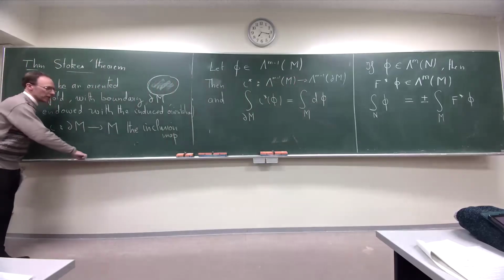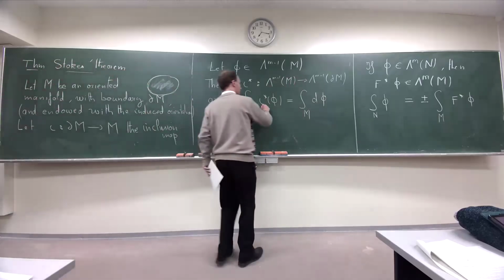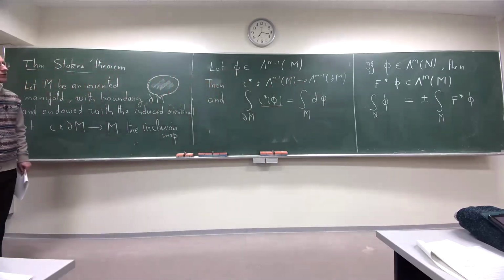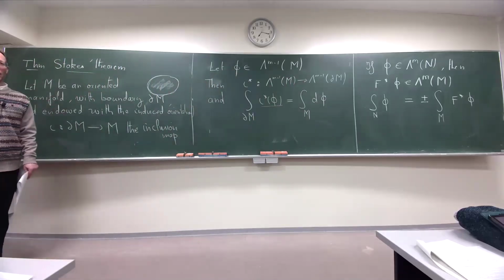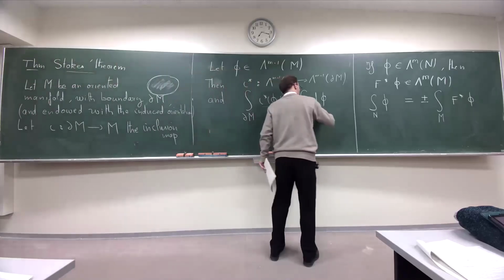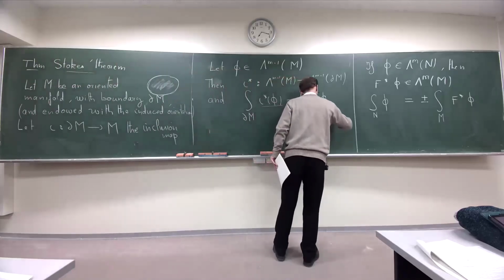I think it is meaningful because look, this is a tensor field of dimension M-1. We integrate on a manifold of dimension M-1. This is exactly what we have seen before. And the right-hand side is the exterior derivative.